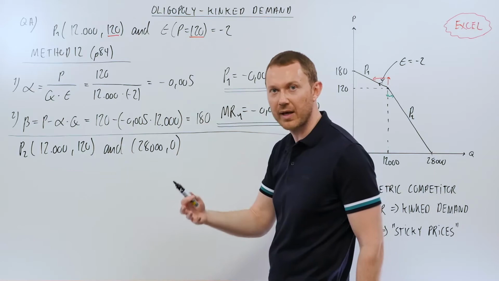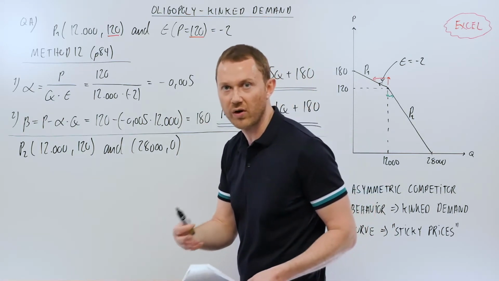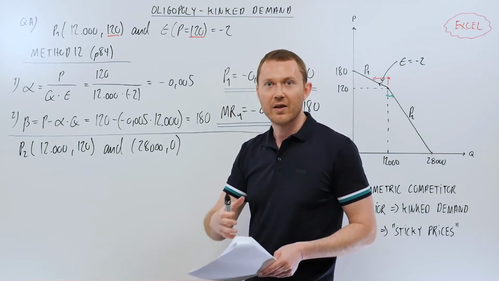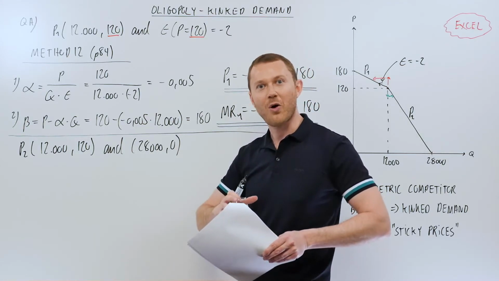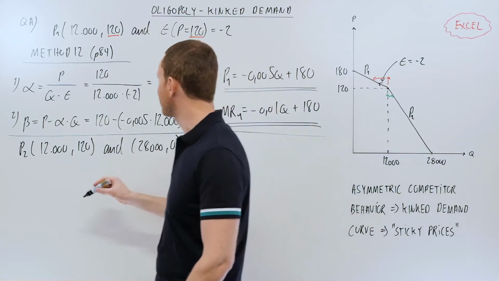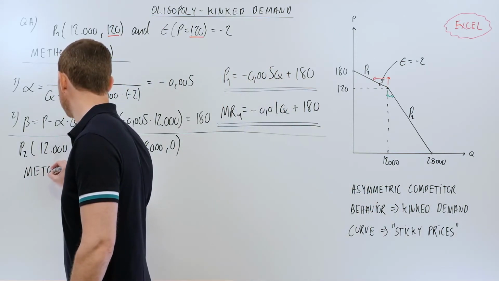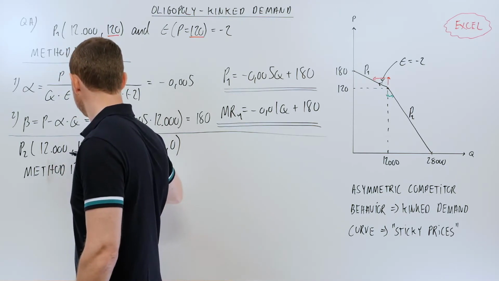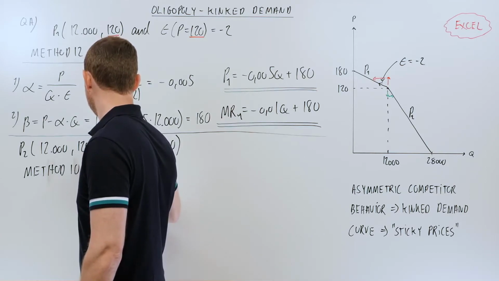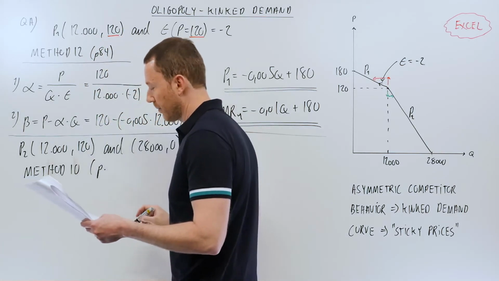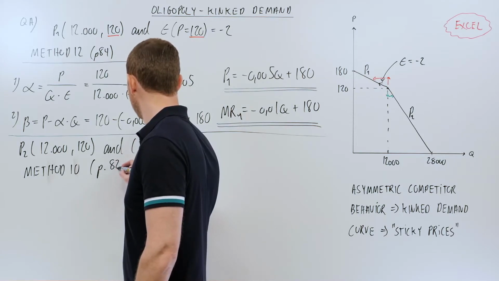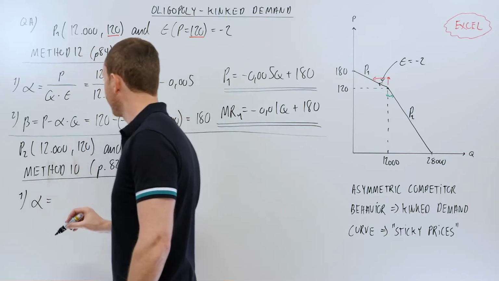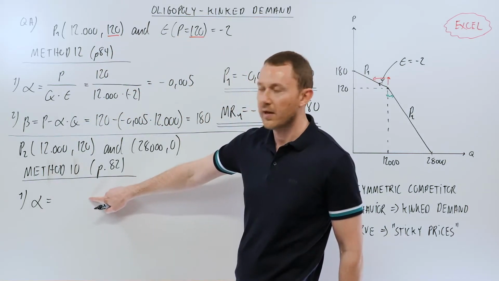You've actually seen method 10 before at high school and so on. So deriving a linear equation from 2 points, that should not be whole news for you. So let me just write it up. I call it method 10 in the compendium, and it's on page 82. So first, we find the slope.